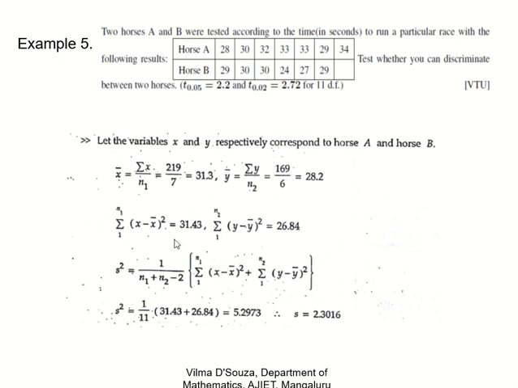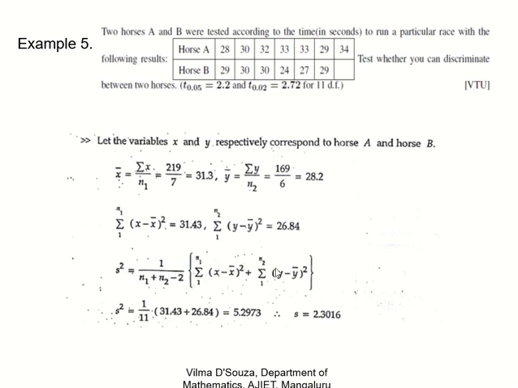You just write down all the values, calculate, simplify and verify your value. For x minus x bar whole square, x bar is 31.3. So corresponding to each value of x, 28 minus 31.3 whole square plus 30 minus 31.3 whole square and so on.